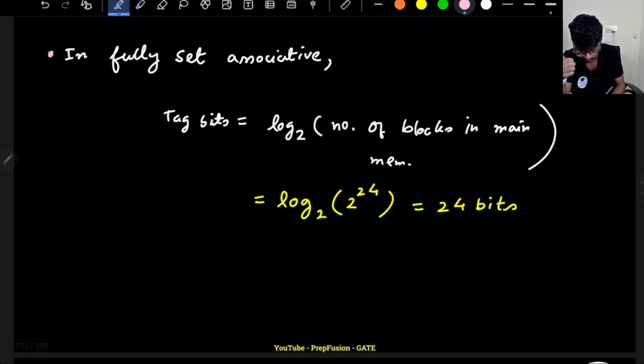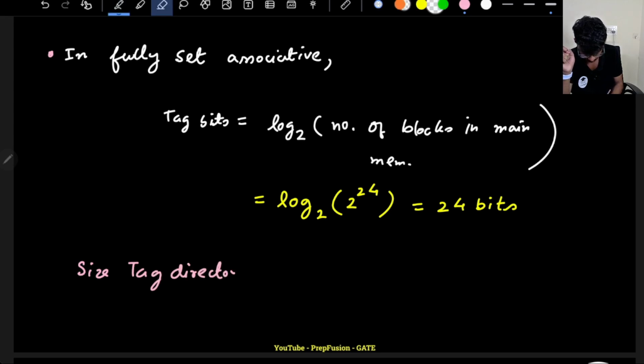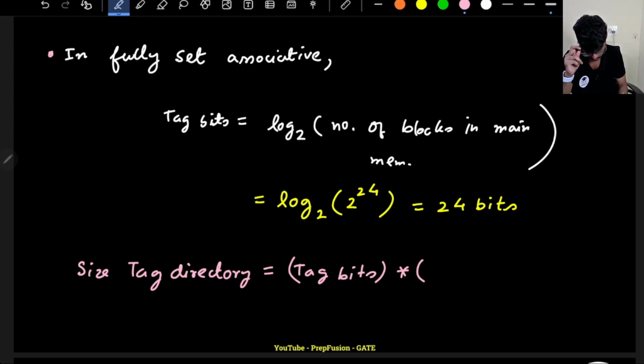Now what is the size of the tag directory? The size of the tag directory formula is the size of tag bits into the number of cache memory blocks.